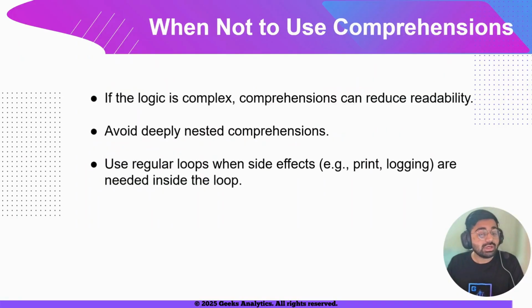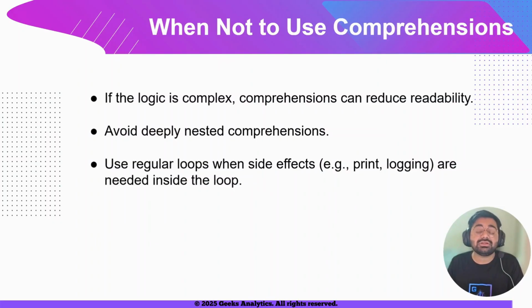Right. Now, when not to use comprehensions. If the logic is complex, or your loop is too big, containing multiple conditions and multiple sub-loops, then comprehensions can reduce your code readability. It can turn out to be very complex to read.